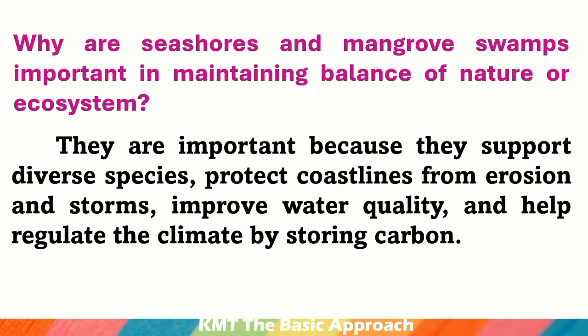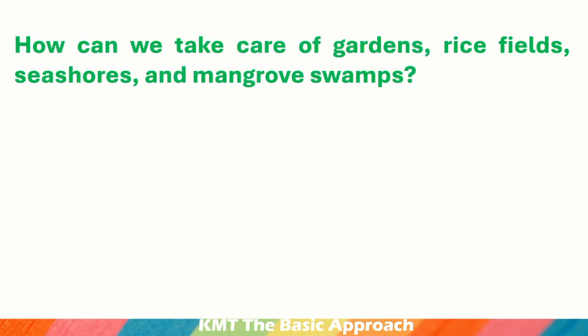They are important because they support diverse species, protect coastlines from erosions and storms, improve water quality, and help regulate the climate by storing carbon. How can we take care of gardens, rice fields, seashores, and mangrove swamps?